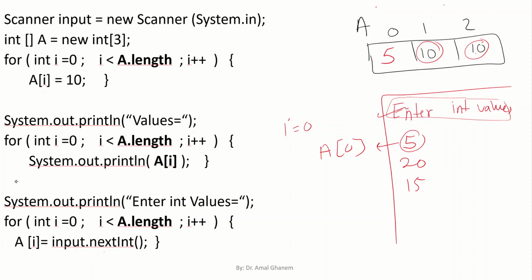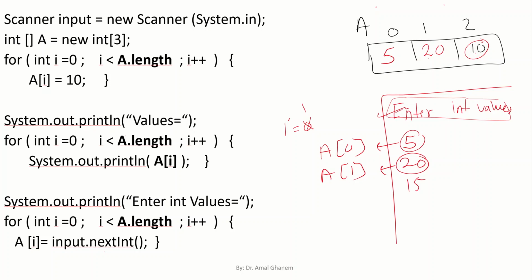And then continue within your loop, increment i. So i will have a new value, which is 1. Still within the length, read the value and save it in the new location, which is 1. So in location 1, we will have the value 20.